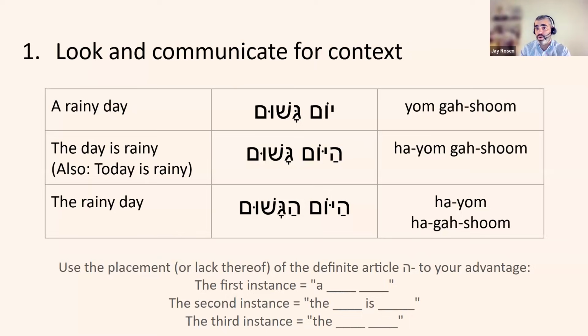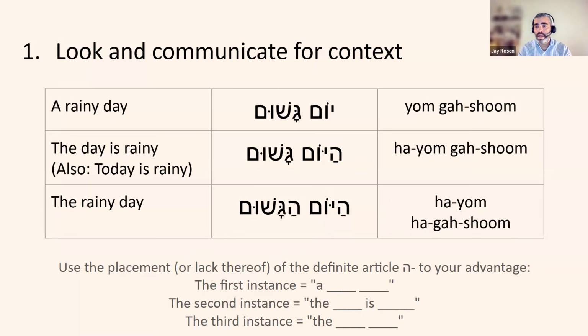Notice there is no word for a in the Hebrew. There's simply yom, day, and gashum, rainy. There is no a, but it's understood when you translate it back into English. Yom gashum, a rainy day. There is no other way to understand yom gashum in English other than a rainy day.